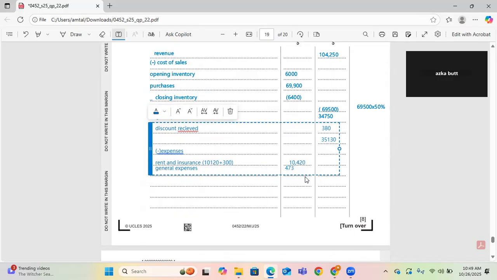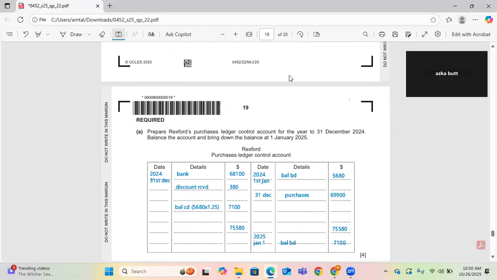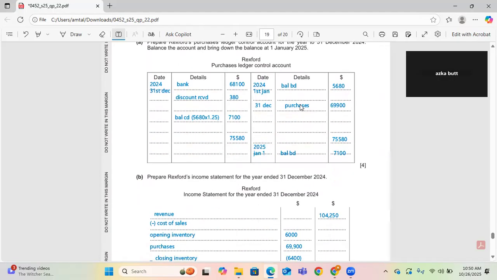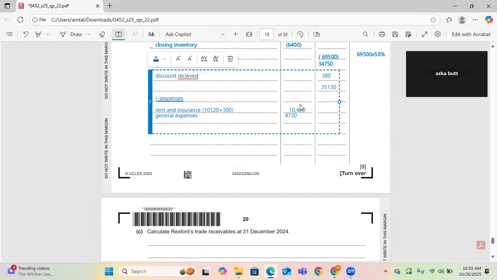Next, wages. As you can see, we have paid the wages as well. This is also part of expenses, 6,400. There is no adjustment regarding the wages either.